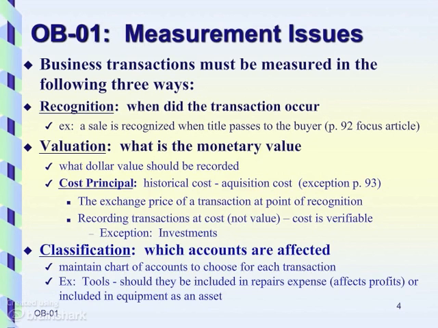However, most companies would consider that cost to be so minor that they would just expense that particular item, even though paper clips could technically be held by the company for a long period of time. The cost associated with them is so minor that the business would just record it as an expense instead of including it in its assets.